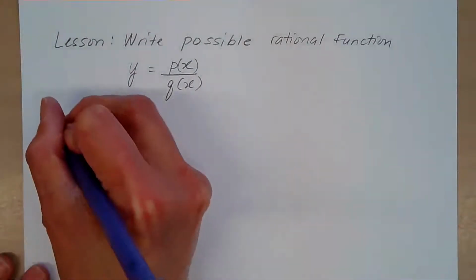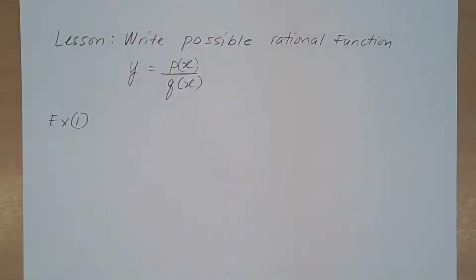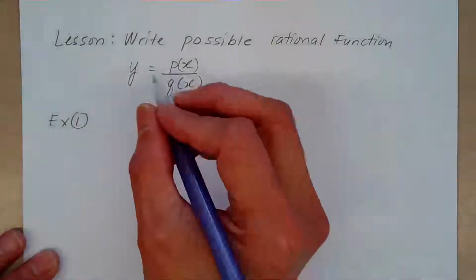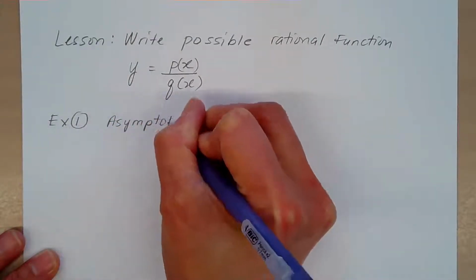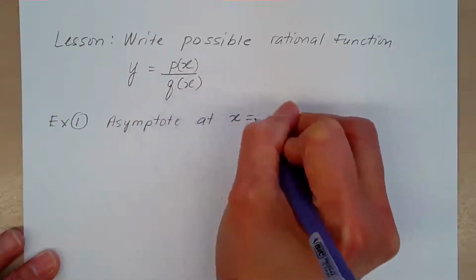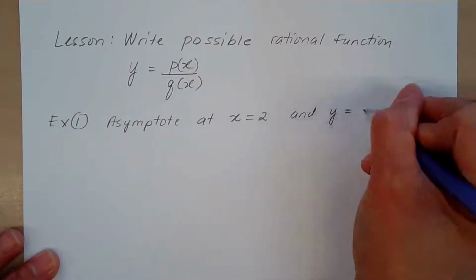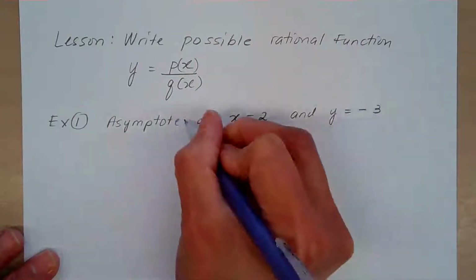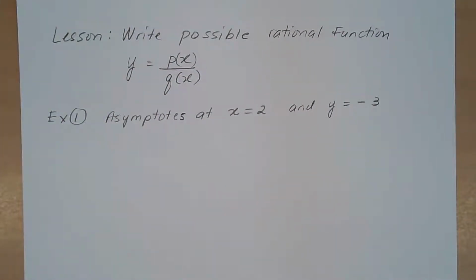I mean, we could probably create more if we need more, but so far we only have 4. So let's take a look at example 1. Here's what we're going to do. I'm going to give you some clues and then write the possible function. So here it is. The asymptotes at x equals 2 and y equals -3.